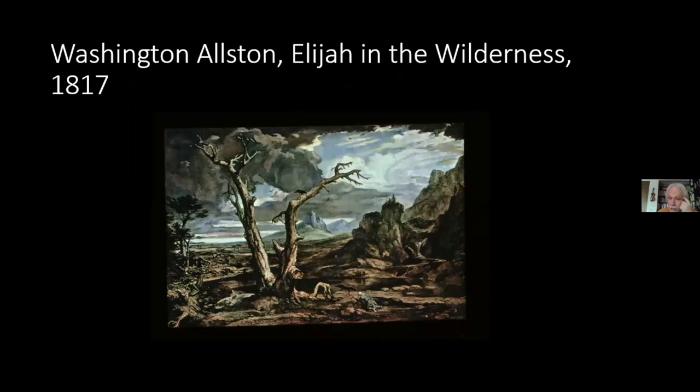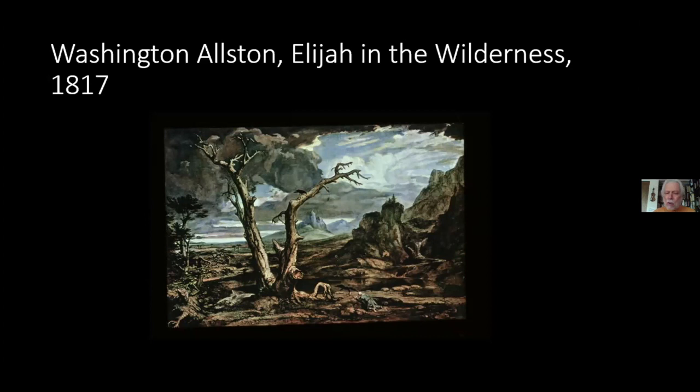Washington Allston was one of the first major fully trained artists in this country, who had attended Yale, where his father, Jedediah Morse, was a major figure as a minister. And he went to England, hung around with West a little bit, and then came back and started taking on a whole pile of much more romantic subjects.